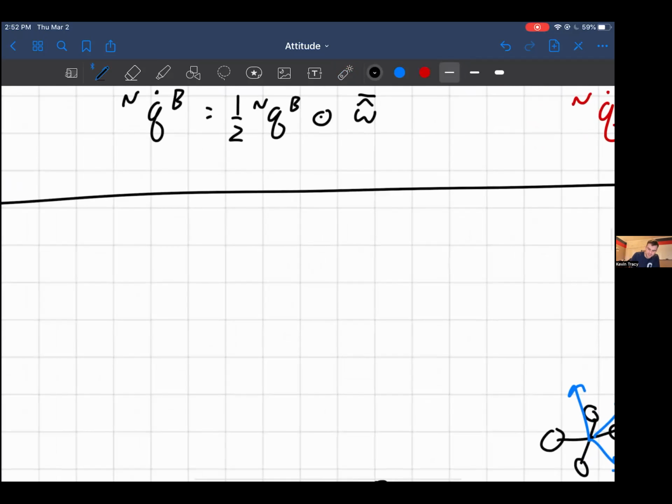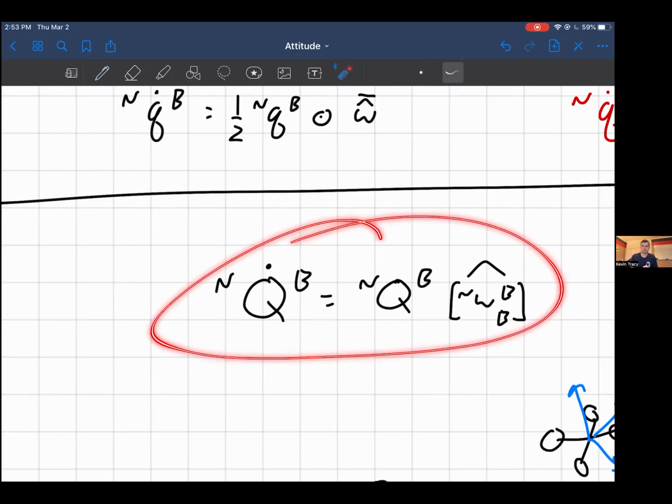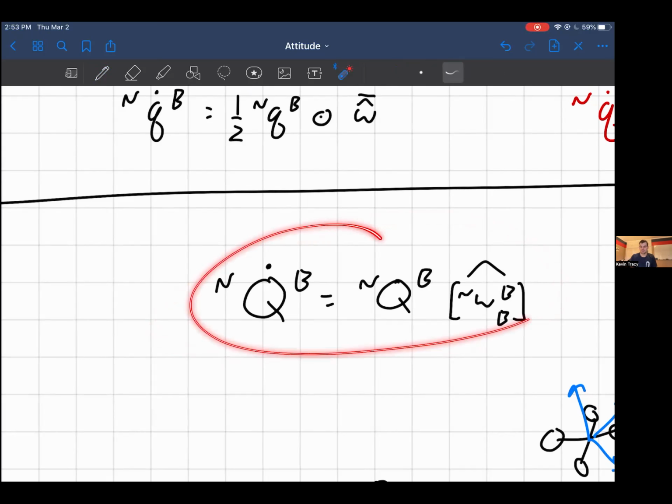In its most generic terms, I can write down Q_NB dot equals Q_NB times omega_NB^B hat. I can write this down in whichever way I want. I've made no assumptions about what N and B are. It's not like one has to be inertial and one can't. For any two frames, N and B, the kinematics of the rotation between them will evolve like this.